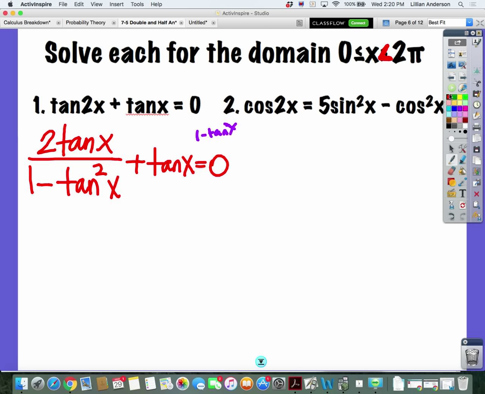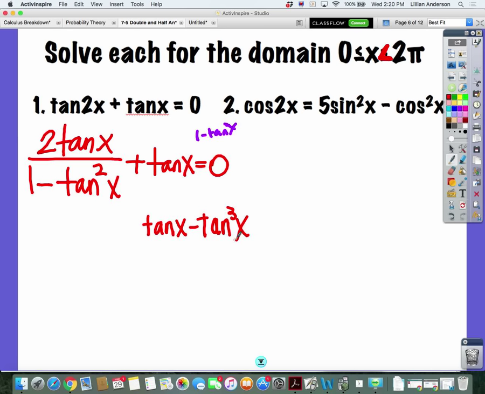Okay? So when I do that, this is tangent x times 1 minus tangent squared x. Yes. Distribute that. What do you get? Tangent to the third x, because tangent x times tangent squared x is tangent cubed x.